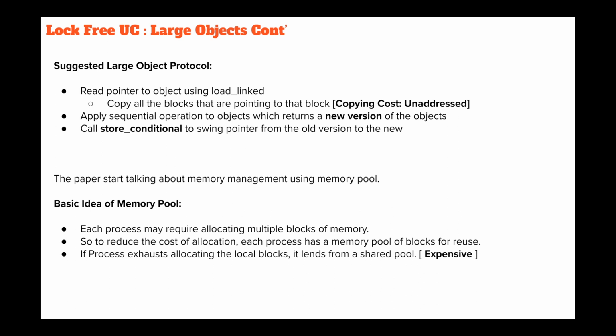By going over this memory management hack, you are essentially avoiding new memory allocations, which are kind of expensive. Also, if the process exhausts its local blocks, it can borrow from the shared pool, which is quite expensive, but that's also an option.